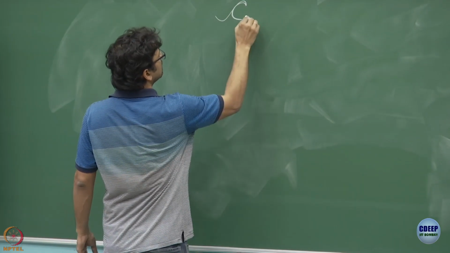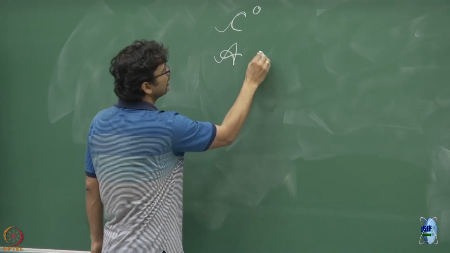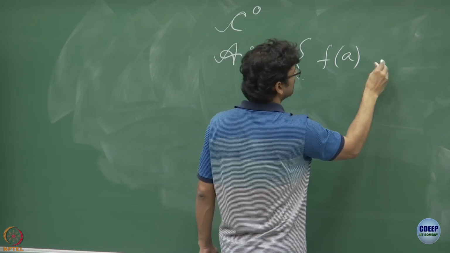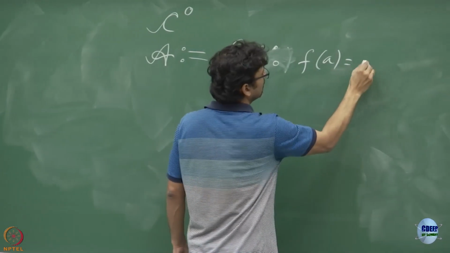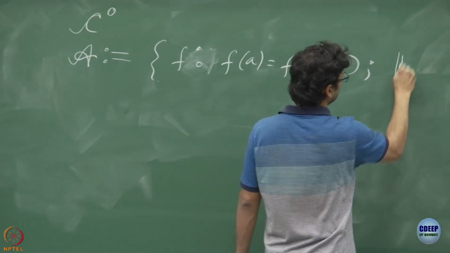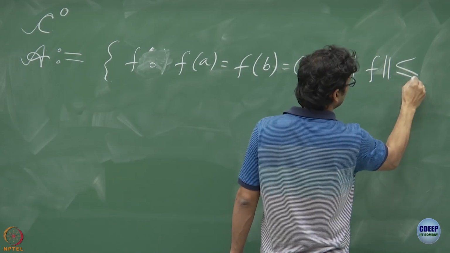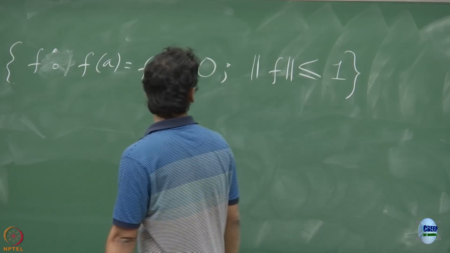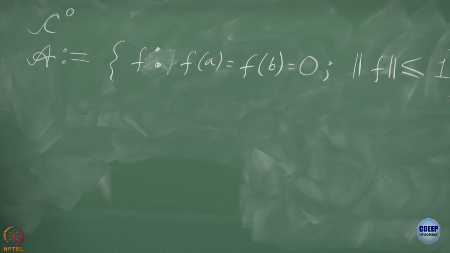Let us take C0 to be our vector space, and let us define A in the following manner. Is this a bounded set?